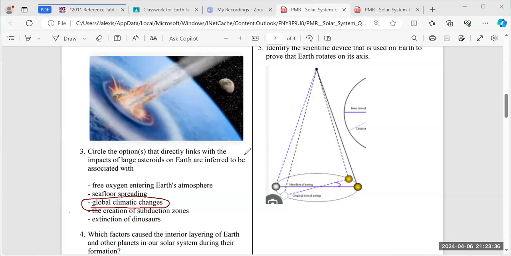That was one impact of large asteroids on Earth. The other impact, because of large asteroids that come into contact with the Earth's surface, is the extinction of dinosaurs as well. So these two statements are correct. That's just something you do have to memorize as part of your notes.